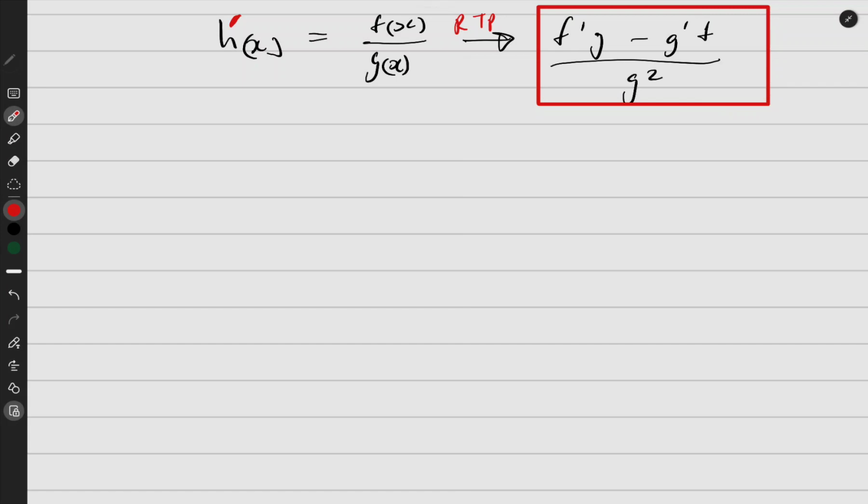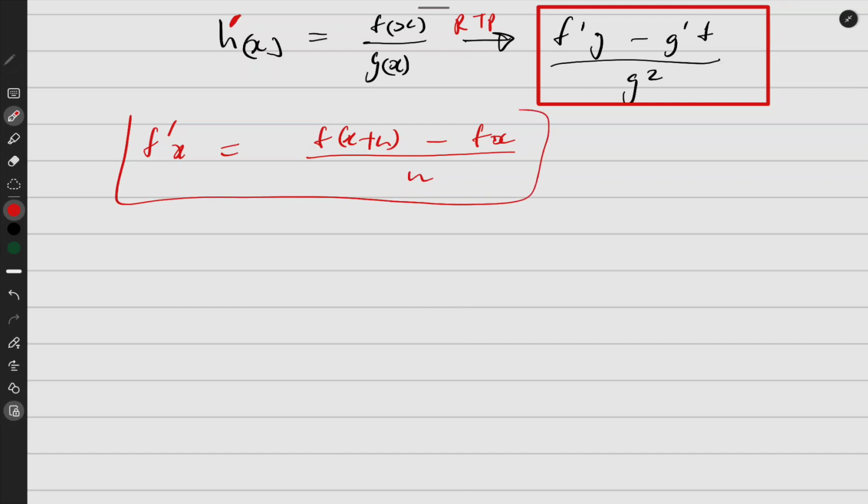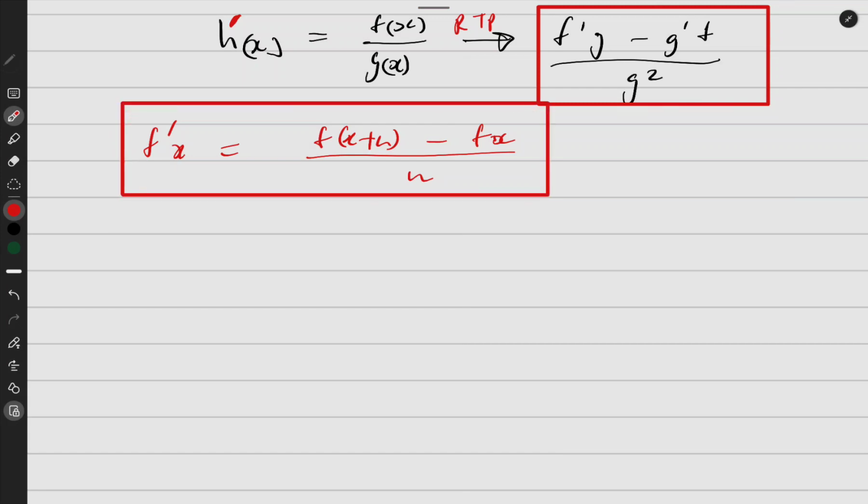So we know first principle: let's say you were taking the derivative of a function f of x, that should equal f of x plus h minus f of x, all over h. That's what we know. This is all that we are going to use for this proof. We're not going to use the product rule.